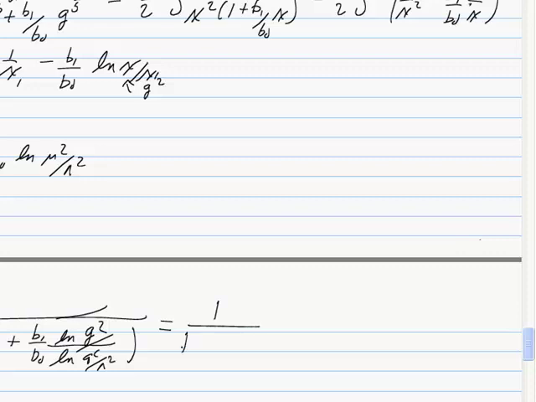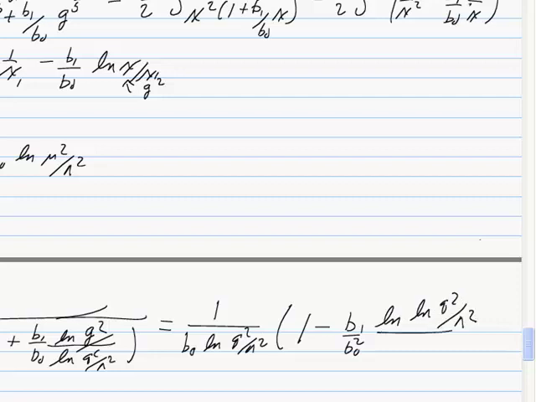So it's roughly 1 over b0 log q squared over lambda squared, times 1 minus b1 over b0 squared, log of log q squared over lambda squared, over log q squared over lambda squared.